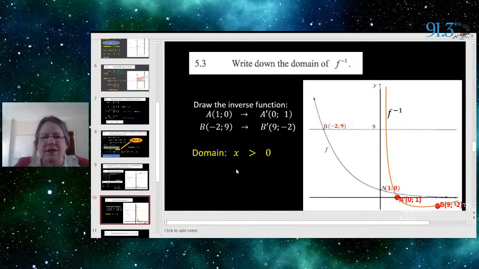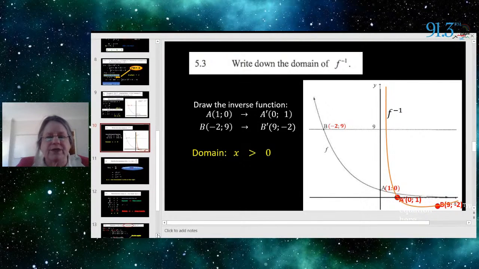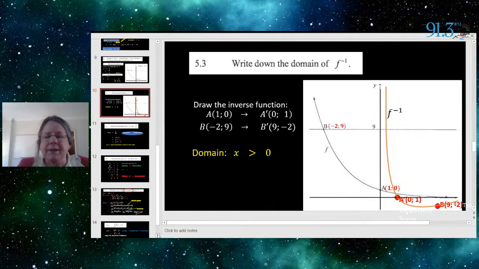So our answer is, the domain is x is greater than 0. So a little harmless question, but very important principles that they are testing here. And you will find this in some or other form in every single grade 12 paper.